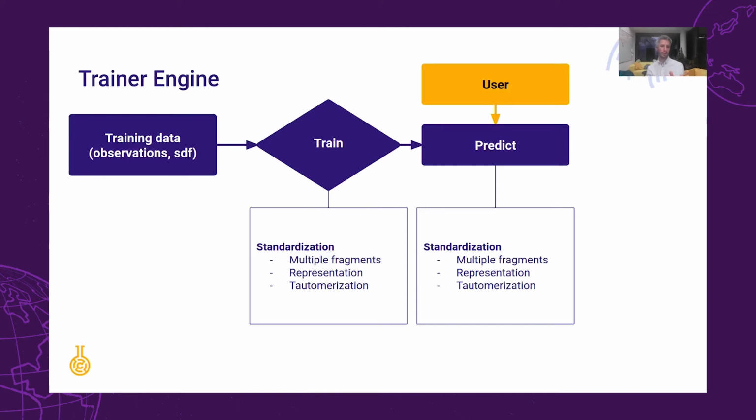Or if your observations are taken under conditions that are selecting the most abundant tautomeric form, then the standardizer can take care of this transformation as well and reduce this variance coming from the chemical representation itself, since this virtual representation is not obviously what is in your test tube, but is under your experimental conditions.